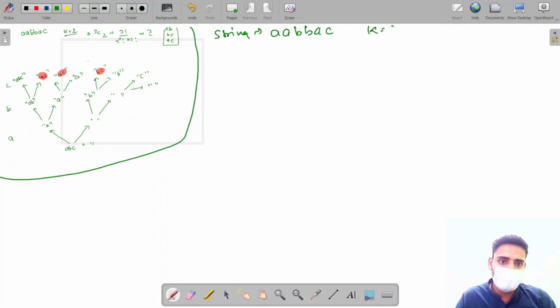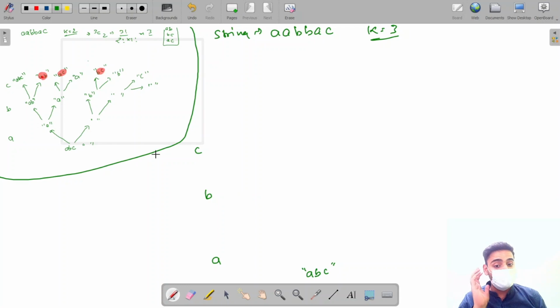And let's take the value of k equal to 3. Again there will be 3 levels: one is A, one is B, and the other is C. Our unique string will be ABC that we have to select, and we will manage its occurrences. We will use a hash map to check how many occurrences a character has. So let's write it here.